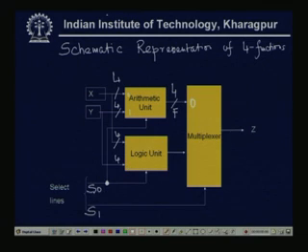The S0 line selects whether we need arithmetic functions or logic functions. Then S1 selects which output we want, say the arithmetic unit or the logic unit, as the output function. Again this will be 4-bit.